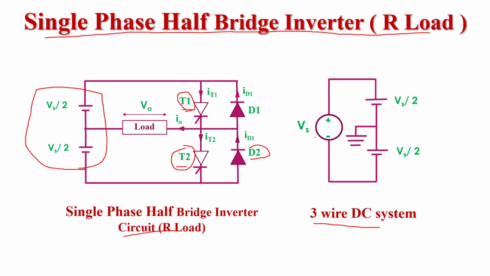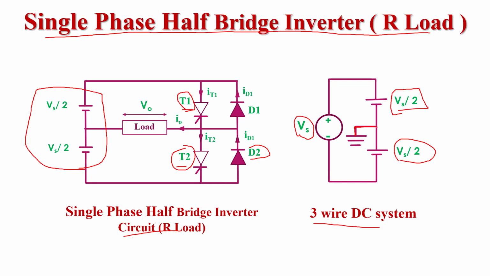At the input side, here we use a DC generator that generates a DC voltage Vs. And at the output side, here we generate a balanced DC output voltage, that is Vs by 2 at the first half and Vs by 2 at the second half with the help of this neutral wire.